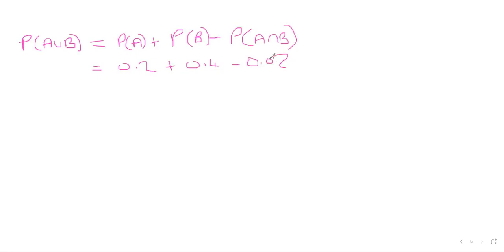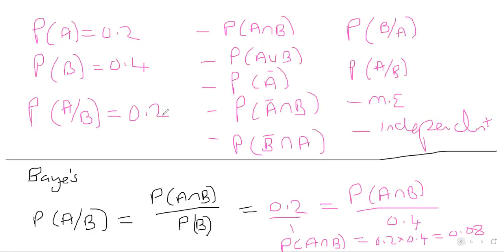If you get the intersection wrong, it simply means you are getting the union set wrong. So when you add 0.2 plus 0.4 you get 0.6, minus 0.08, we get 0.52. We're using what has been given: A is 0.2, B is 0.4, then the intersection is just what we calculated there. Are we following? Are we together? Yes, sir.